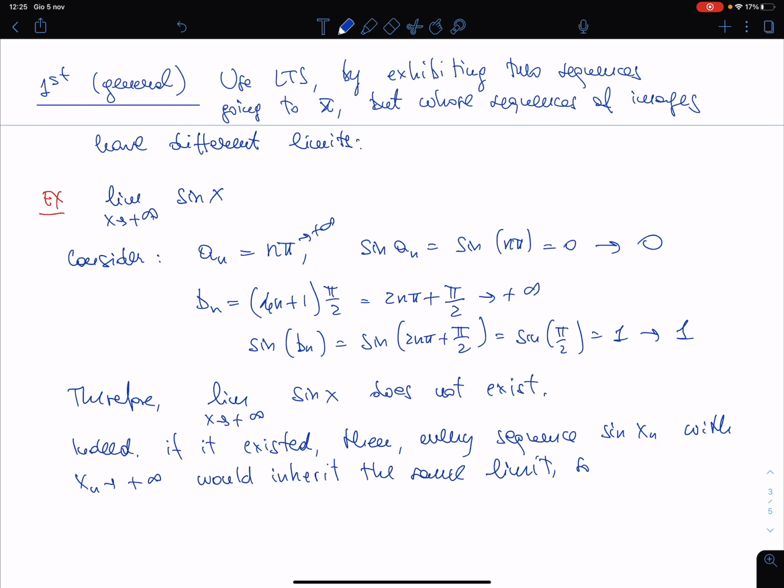So, such sequences would have the same limit always. But this is not the case. We just proved by direct exhibition that this is not the case.